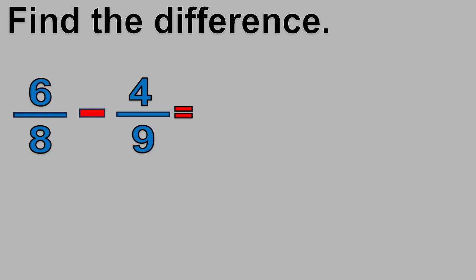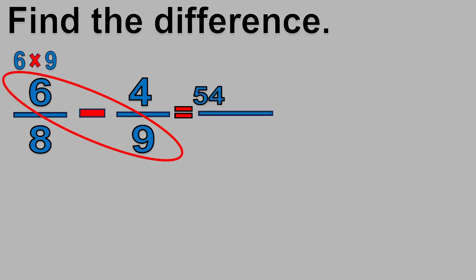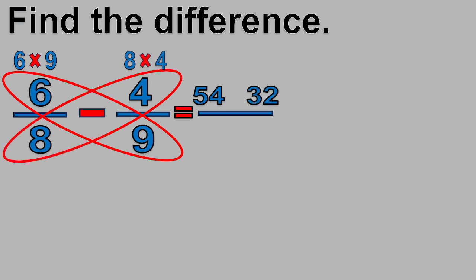Another problem. 6/8 minus 4/9. First, multiply the numerators and denominators diagonally. We have here 6 times 9 equals 54. 8 times 4 equals 32. Then, multiply the two denominators, 8 and 9.